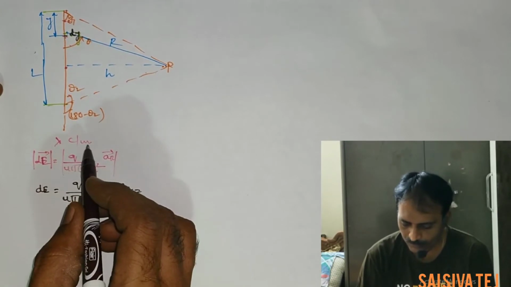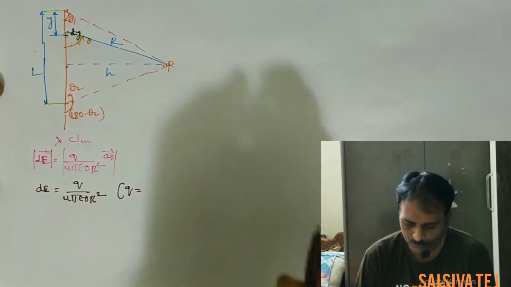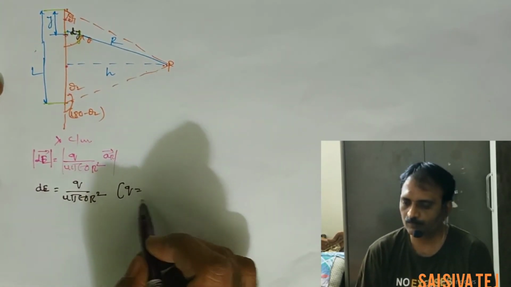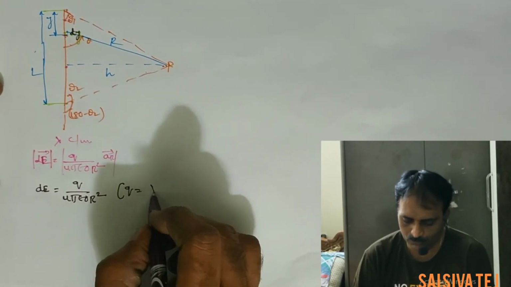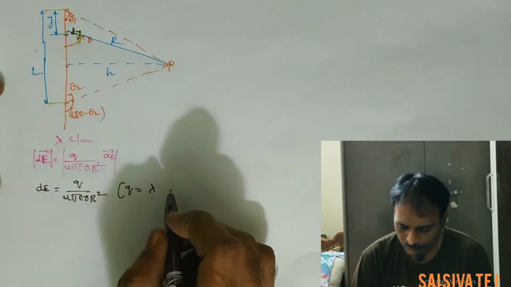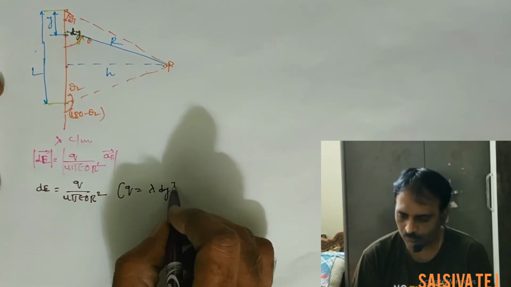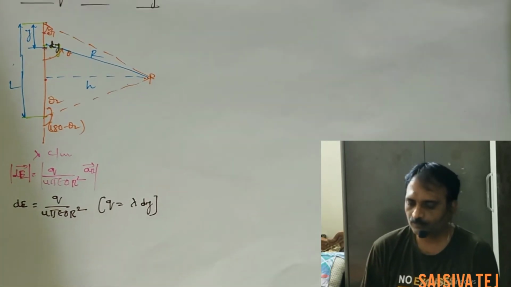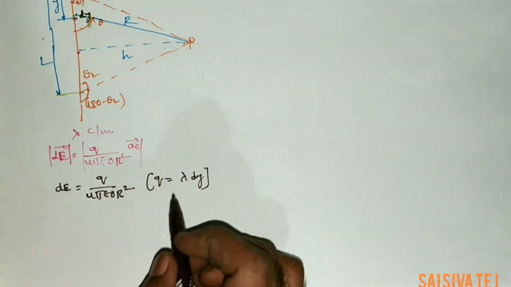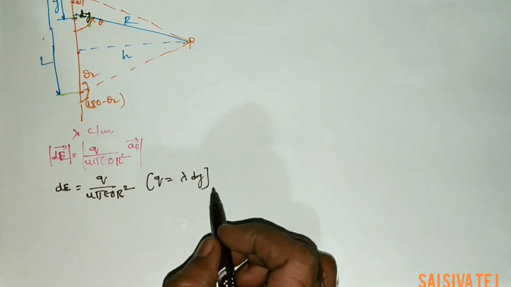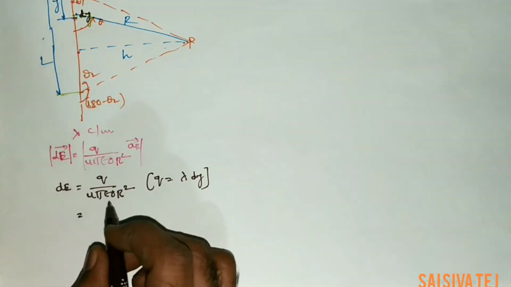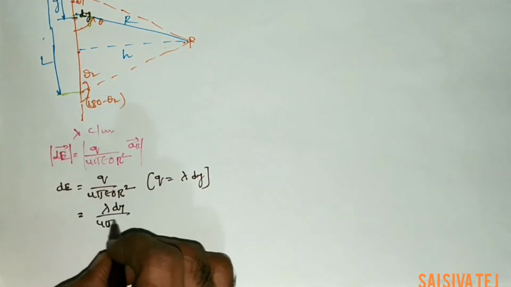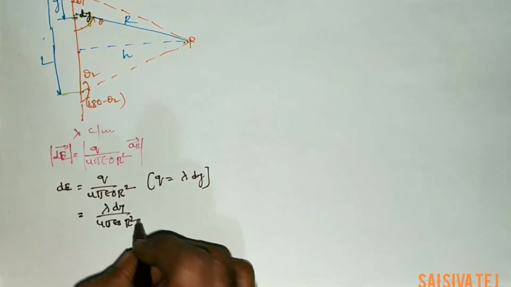Here lambda is the coulombs per meter, hence the value of q is equal to lambda into this small length, which is given as dy. So the charge q is given as lambda into dy, hence dE is going to be equal to lambda dy divided by 4 pi epsilon naught into r square.